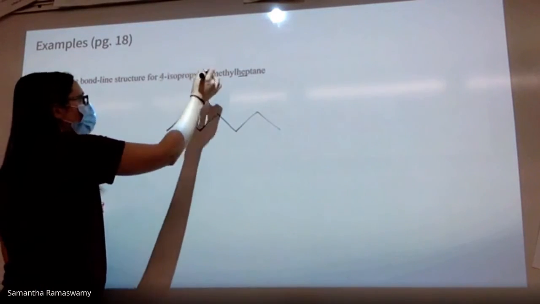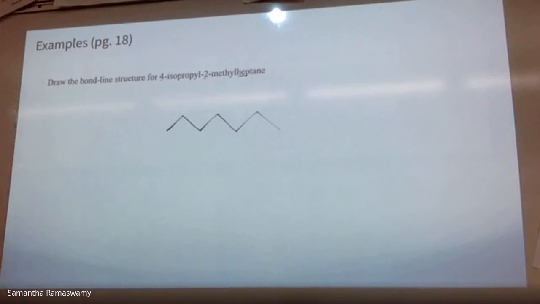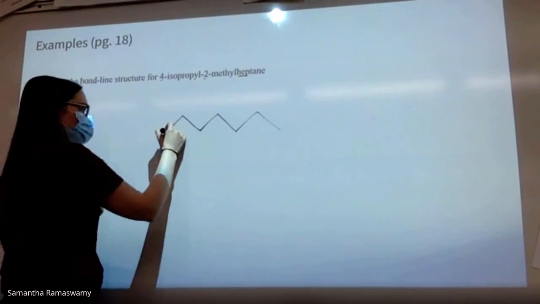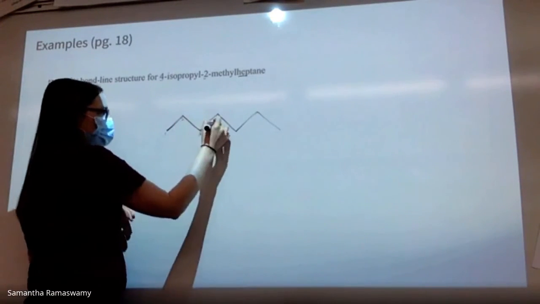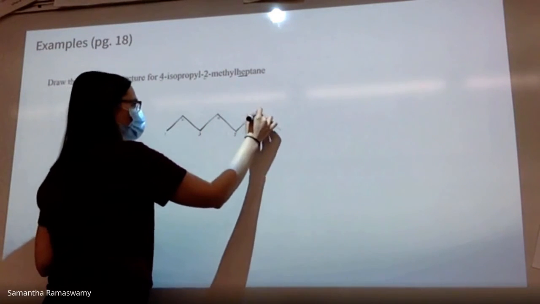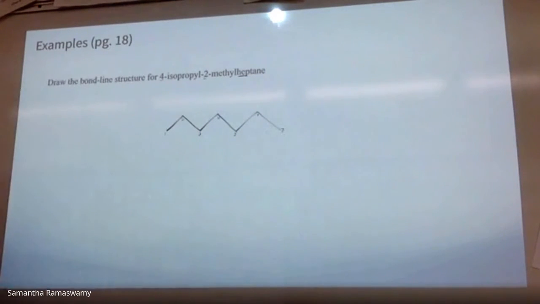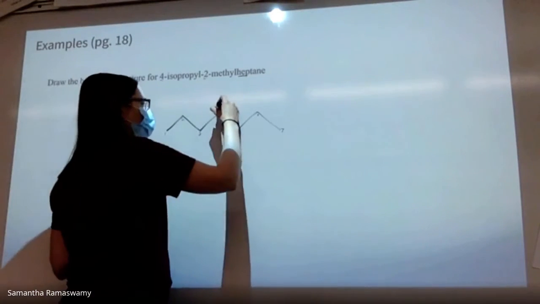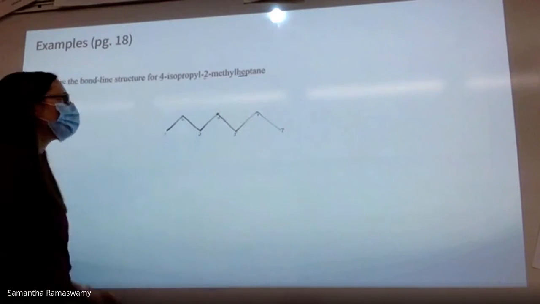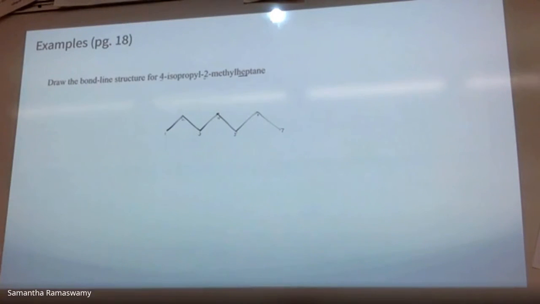So now we have 4-isopropyl and 2-methyl. So number your carbons. It doesn't matter which way you start numbering. If I'm drawing the structure, I just start left to right, but it's up to you. Plus, that makes sure that you have your correct number of carbons. So 4-isopropyl. Off of the 4th carbon, we're going to have an isopropyl group.